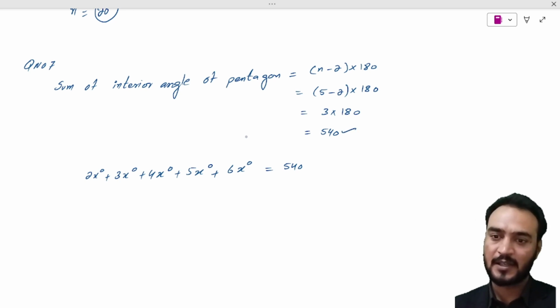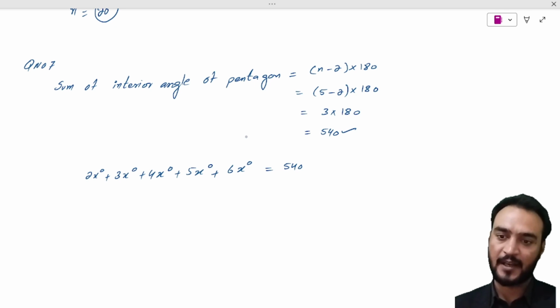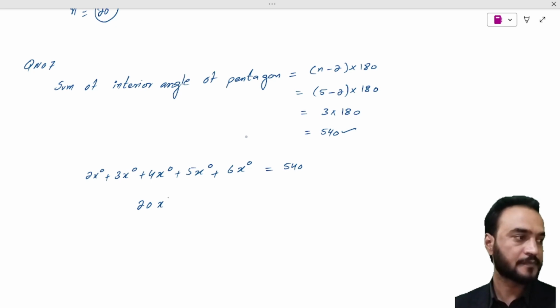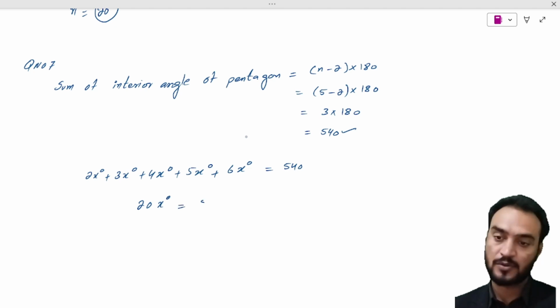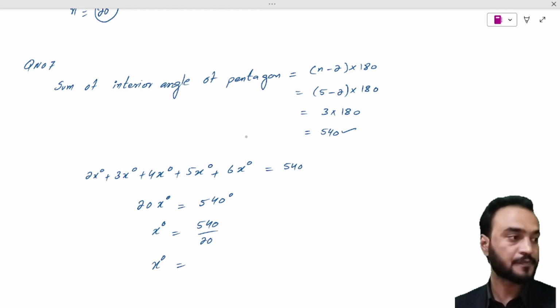Adding all these values, we get 20x degrees, which is equal to 540 degrees. Dividing 540 by 20, x equals 540 by 20. We get the value of x that is equal to 27 degrees.